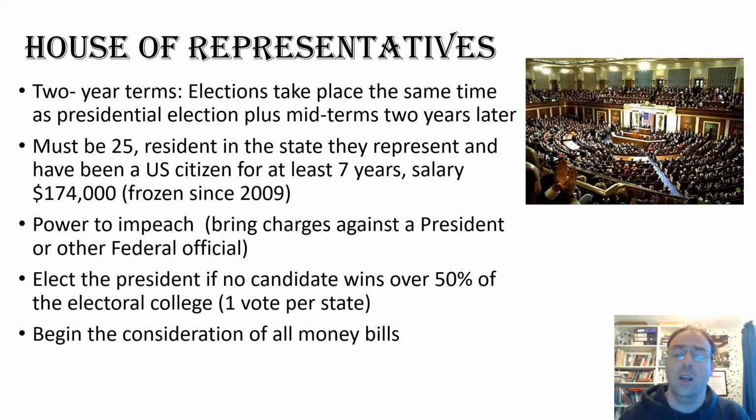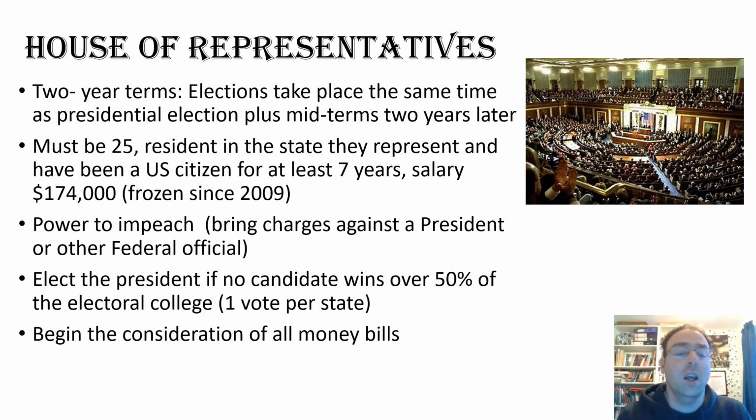It also makes the House really responsive to public opinion, and a president might well find a friendly House in the first 2 years and then a House turned against them in the second 2. And this is what happened to Trump: when he first came into power, there was a Republican House, and then for the last 2 years of his term, he faced a Democrat House.